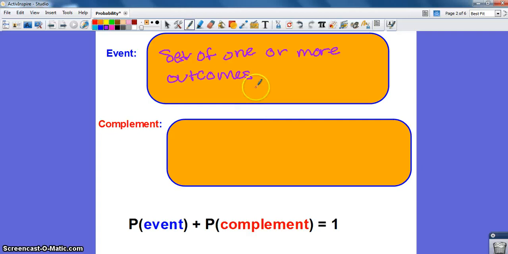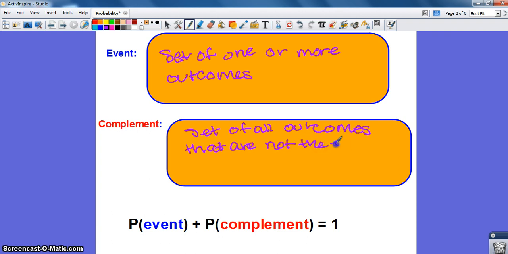So then the complement of that, the technical definition of it, would be the set of all outcomes that are not the event. So if you think about it, let's say the probability of our event happening is 0.4.